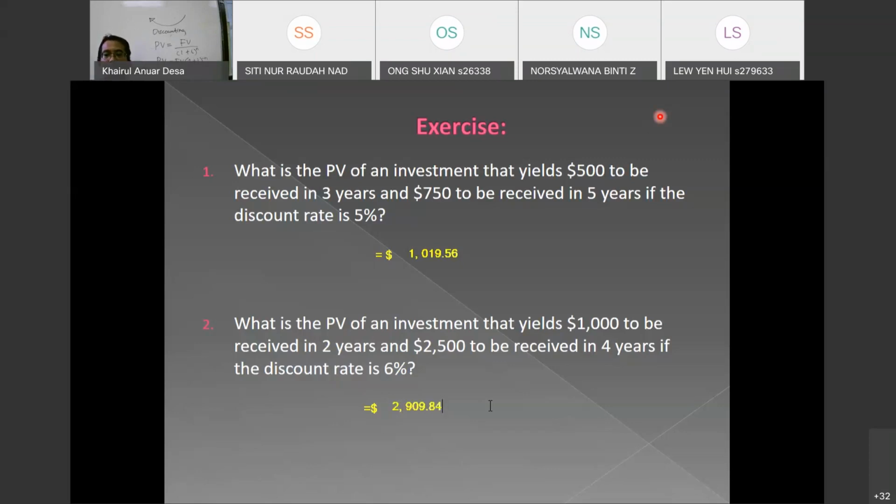It doesn't matter. If you want to use the formula, it is okay. If you want to use the table, also okay. It depends on which one is more comfortable for you, because I told you several methods. Some like the formula, some like the table. It is up to you.